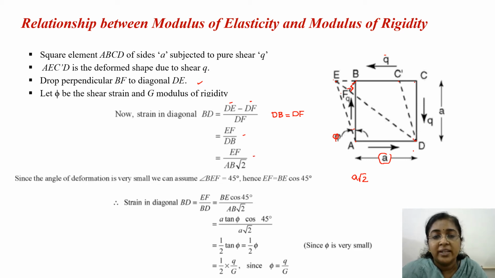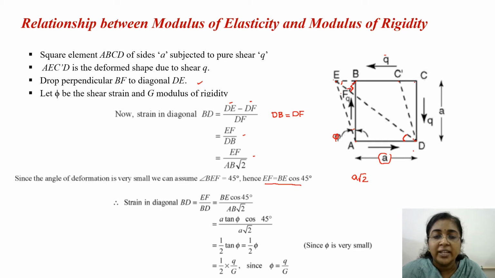Now we can write this in terms of shear deformation phi. In the case of shear strain, we are considering that the angle of deformation is very small. If phi is very small, then we can assume that this is 45 degree itself. Since this angular deformation is very small, this angle is taken as 45 degree itself. So this angle is also 45 degree. Then we can write EF is equal to BE cos 45.